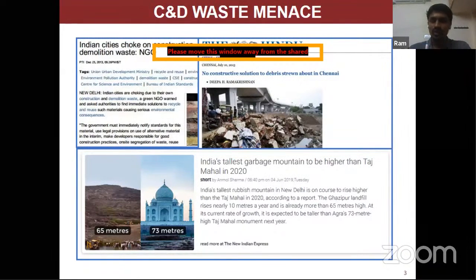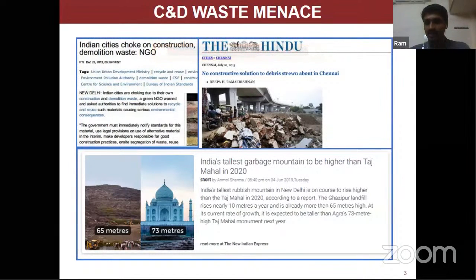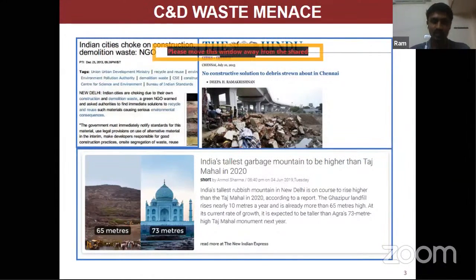For example, in Chennai, this debris choked the stormwater drains in the city, and when there was heavy rain, it flooded the entire city. That's the kind of cascading effect these practices can have if not properly managed. So what we are essentially building is garbage mountains of this waste.